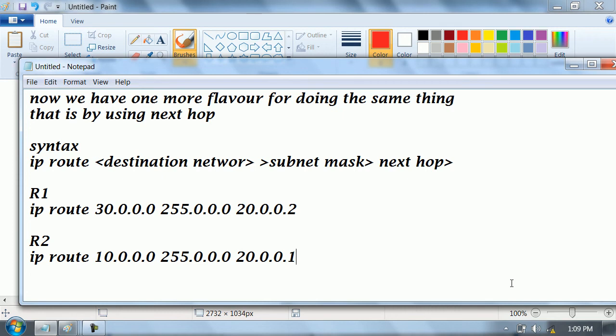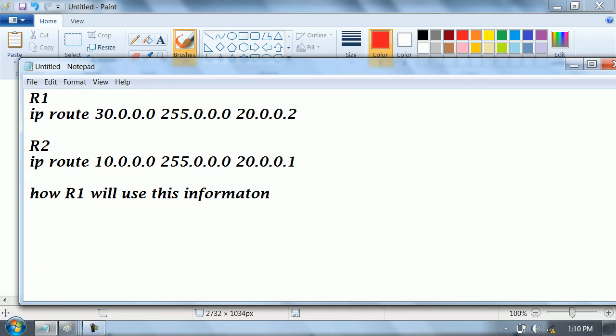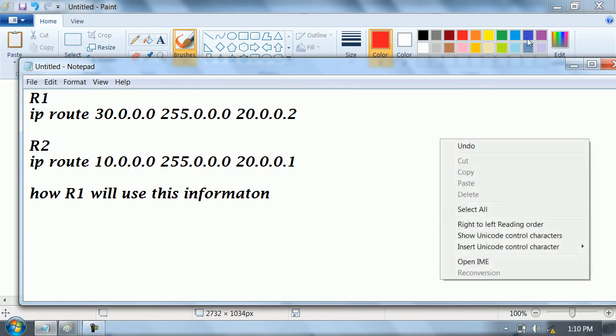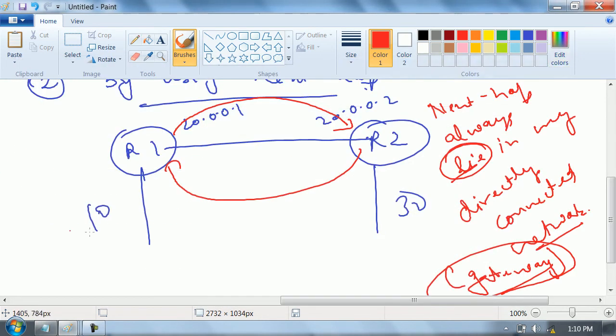Now again I am discussing the same thing: how R1 will use this information. R1 knows one thing: if I want to reach 30's network, next hop is 20.0.0.2. So R1 will build a routing table that if you want to reach 30.0.0.0/8 network, next hop is 20.0.0.2. And R2 knows one thing: if it wants to reach 10's network, next hop will be 20.0.0.1.